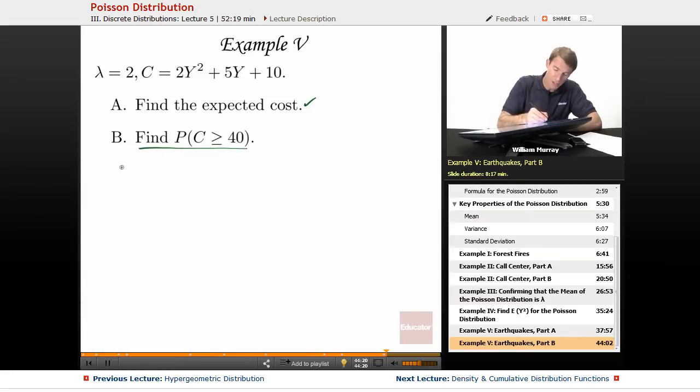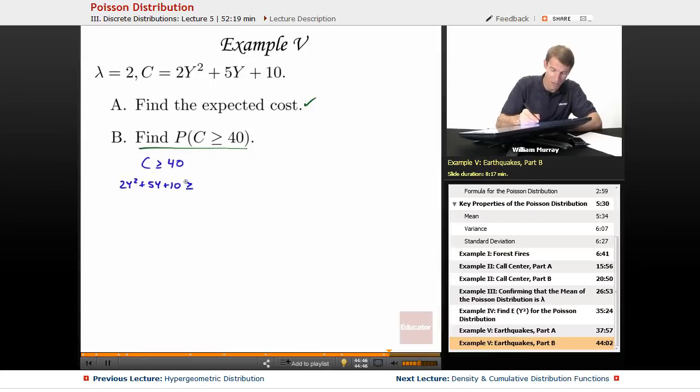So in this case, the probability that C is greater than 40, let me just write that as C is greater than 40. I want to convert that into values for Y. So let's see how that works out. Remember, the cost was 2y squared plus 5y plus 10.